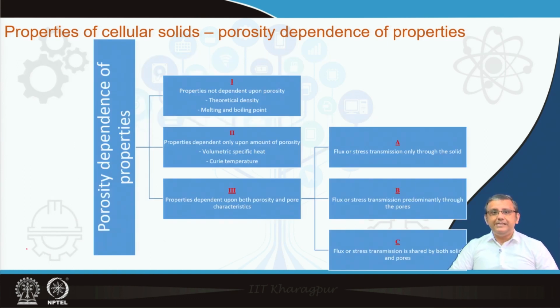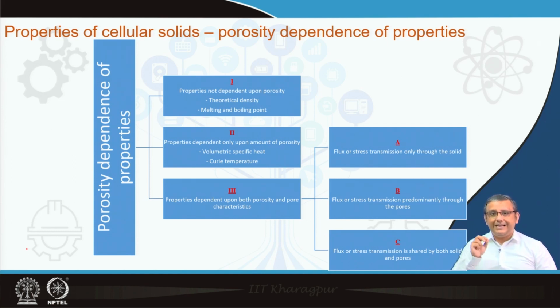So, as is being shown in this slide, the properties can be classified into 3 different groups. The properties like theoretical density and melting and boiling point are the properties which do not depend upon the amount of porosity. That means, even if you have a porous metal, it will still melt at the same melting point as the bulk metal. Also, the theoretical density of the material will not change.